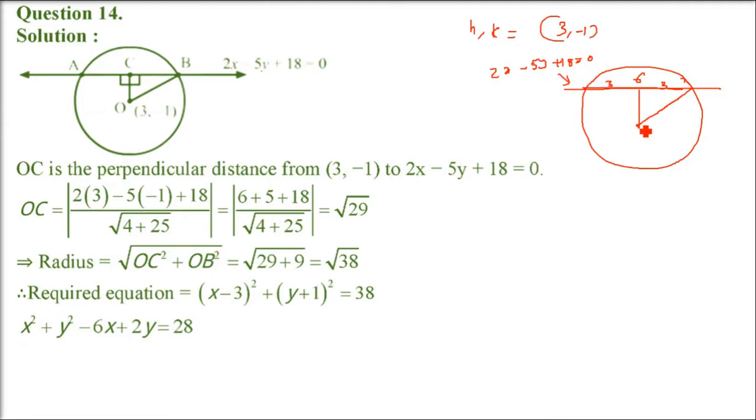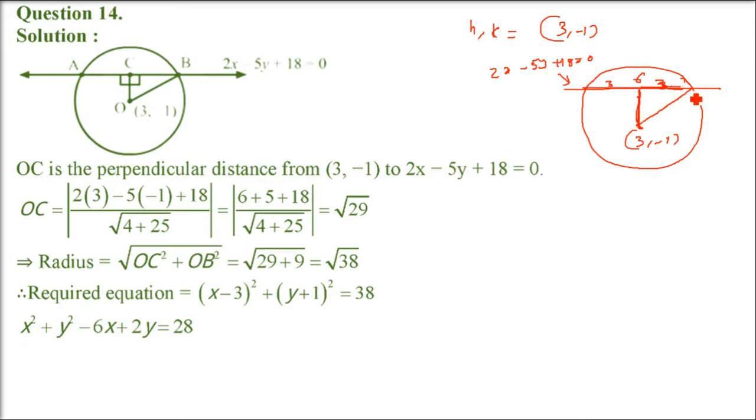The center is (3, minus 1). We know how to find the perpendicular distance from a point to a line, and the half-chord distance 3 is known.